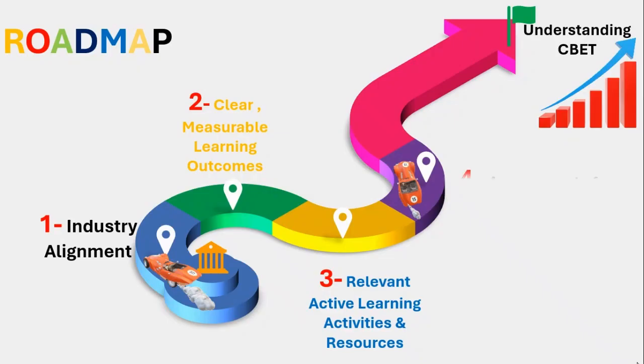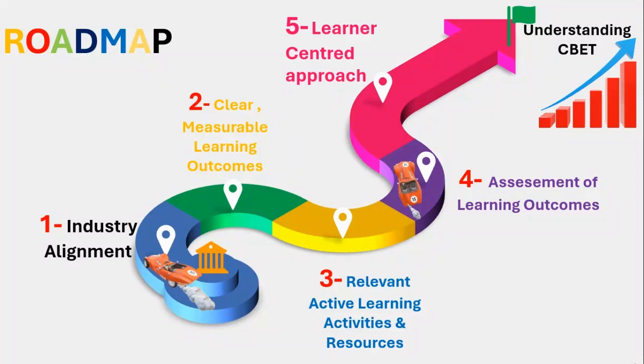And you're continuing with principle number four on assessment of learning outcomes, of which we'll be starting to look at principle number five, and that is learner-centered approach. And this is our roadmap, and we'll be referring to this roadmap until we reach the level where we say, now we understand CBET.